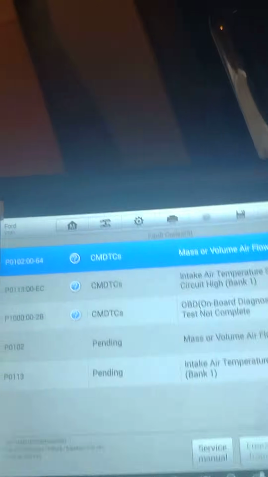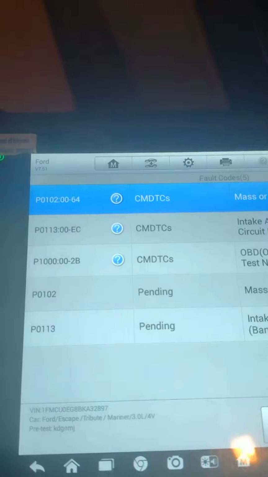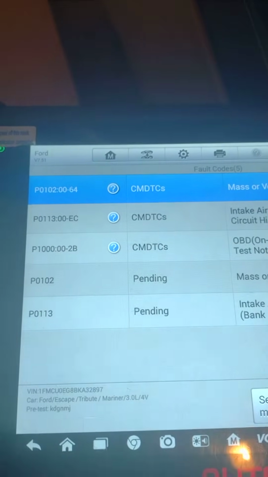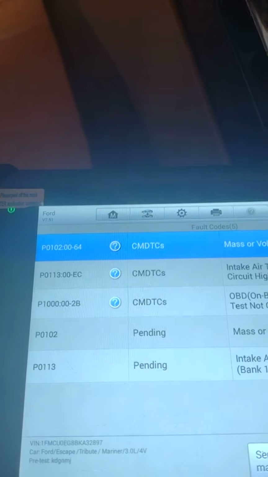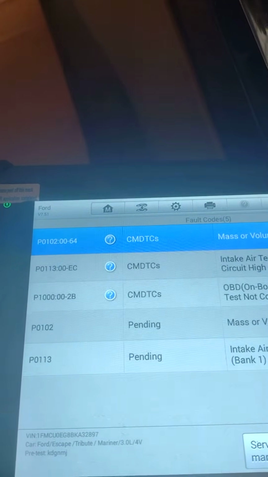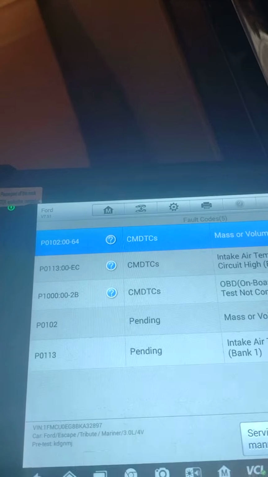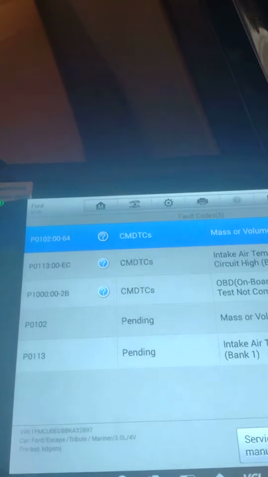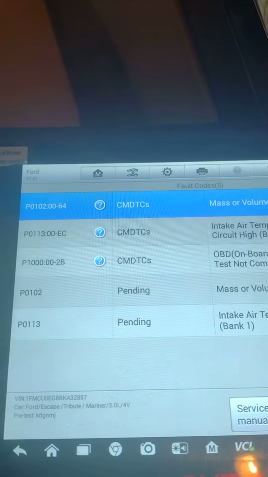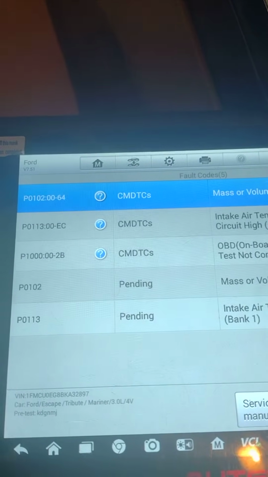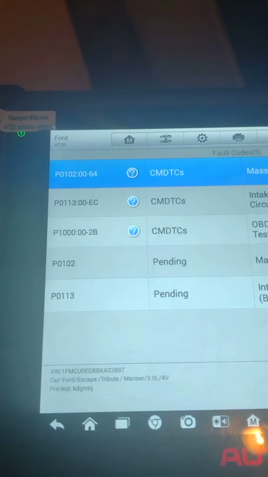So let me show you guys what happened here. And also I'm going to tell you something. I try to reset the light before I do anything. Reset it, start the car, the check engine light comes on right away. Also, he bought a new mass airflow sensor. I hooked it up with the car, and it's still the same.